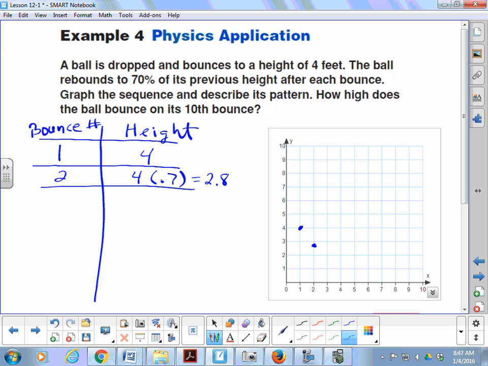Okay. All right, what about bounce 3 then? What do I have to do? Okay, 2.8 times 0.7. Right, we're going to multiply by 0.7 again. All right. When I do that, I get what?